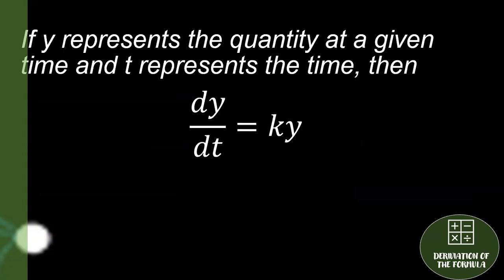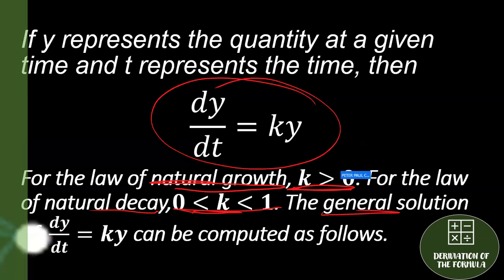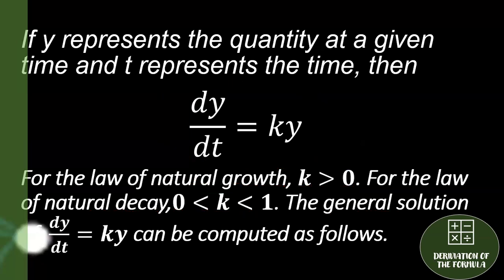Next, by cross multiplying, we move dt to the other side so that dy is equal to ky dt. But before that, always remember that when we talk of natural growth, your k is always greater than 0. And for the law of natural decay, your k must be between 0 and 1. So the general solution that we could use is this one so that we can compute.